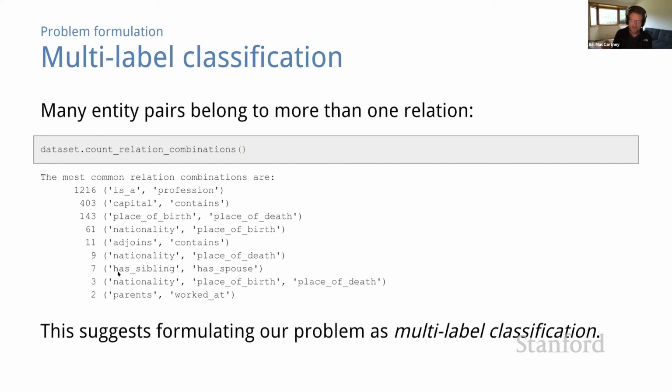Since lots of entity pairs belong to more than one relation, we probably don't want to be forced to predict a single relation. So this suggests formulating our problem as multi-label classification. We want our models to be able to predict multiple relations for any given entity pair.